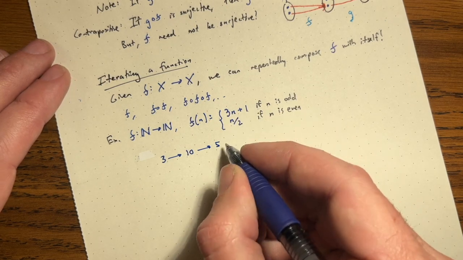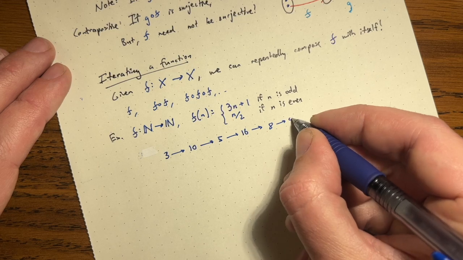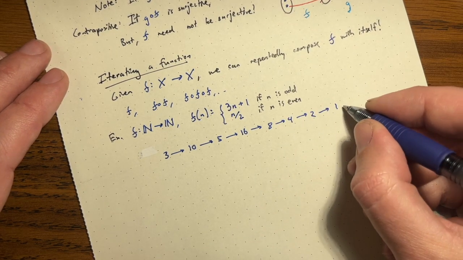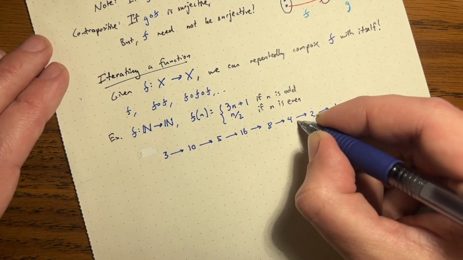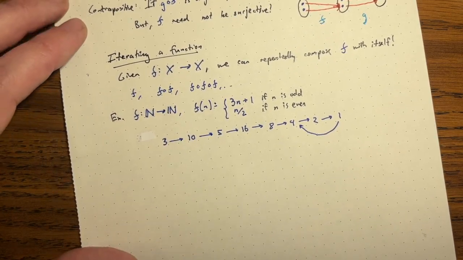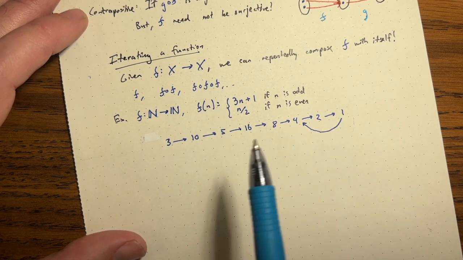And then 5 is odd, so we get 16, then 8, then 4, then 2. 2 is still even, but 1 is odd, so we do 3 times 1 plus 1. That gets us back to 4, and we get trapped in this loop here. And so the Collatz conjecture is that no matter what you start with, you eventually get trapped in this loop.